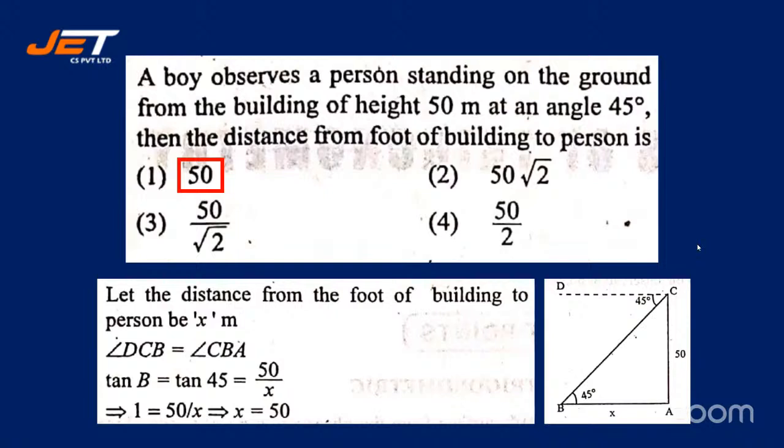Here it is tan 45 because it is opposite side by adjacent side. So 50 by x is equal to tan 45. Tan 45 is 1, so 1 is equal to 50 by x, which implies x is equal to 50.